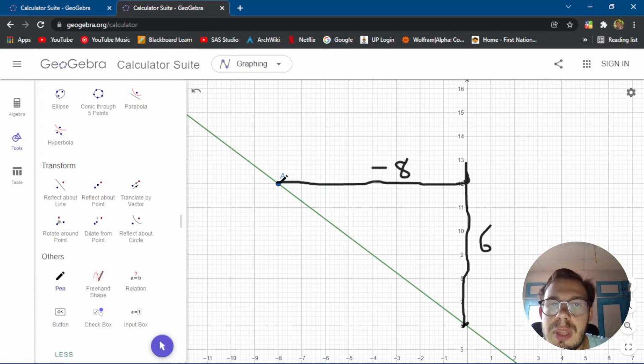And then again from here we move up 6 points because the change in y is positive 6.